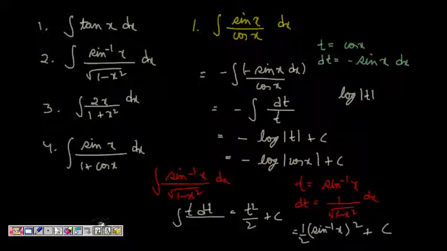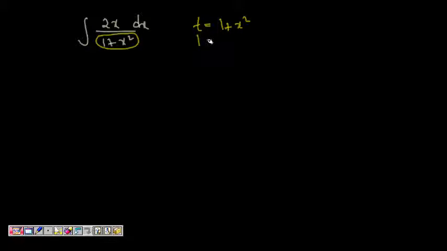Now we will try the third example: integral of 2x by 1 + x² dx. Again you have to search, is there any function whose derivative is also present? Take t = 1 + x². If we differentiate this, it will be 2x dx, and this derivative is also present in the integrand.